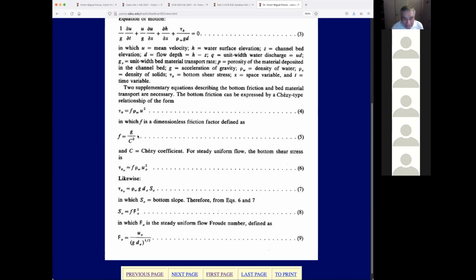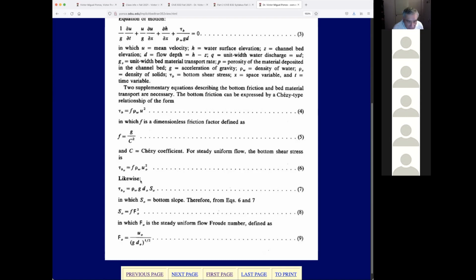I actually solved completely the water surface profiles equation using this formula, which those of you that took open channels with me will recognize. So this is a good formula. It's a Chezy formula. That is why I am sold on Chezy rather than Manning, and you heard me talk about that already many times.